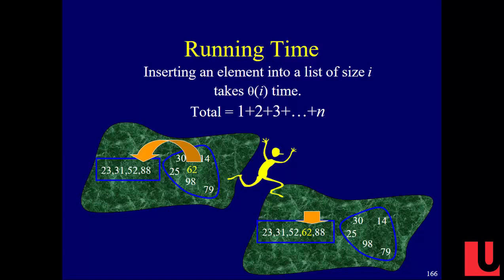If I find out where it goes is here, then what do I have to do? I have to get it in there. So I have to think about what data structure I have here. The data structure is an array. How do I get it in there? It has to shift everybody, so that's going to take about the length of this list.